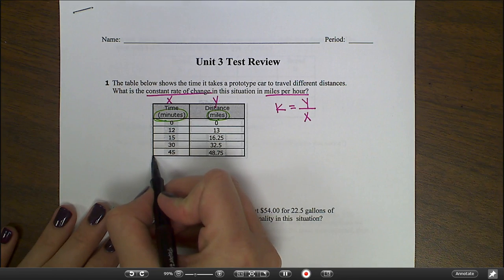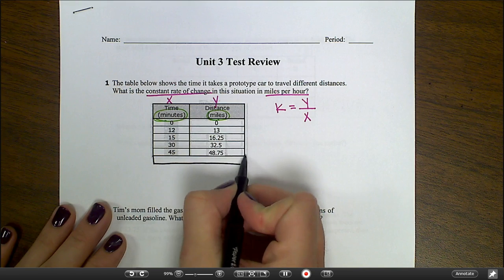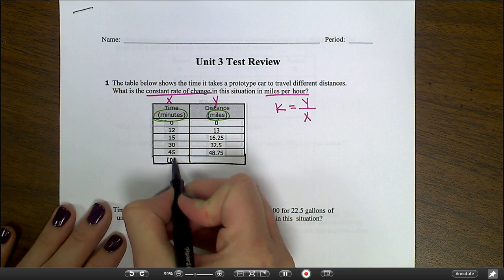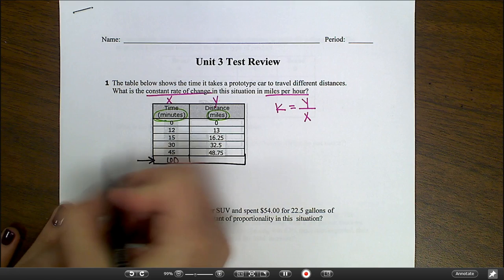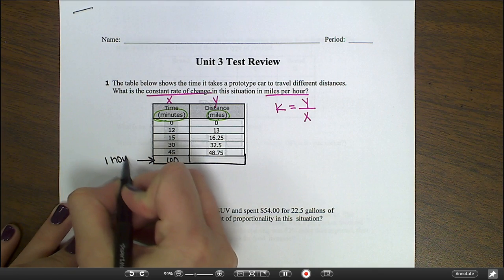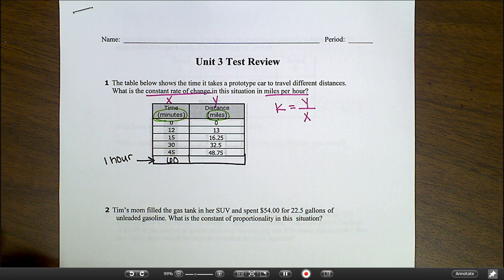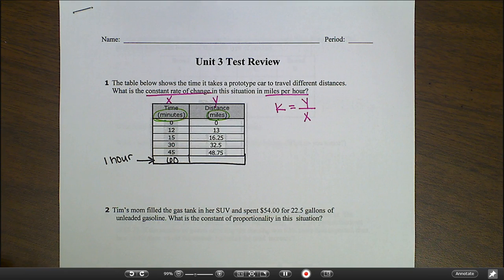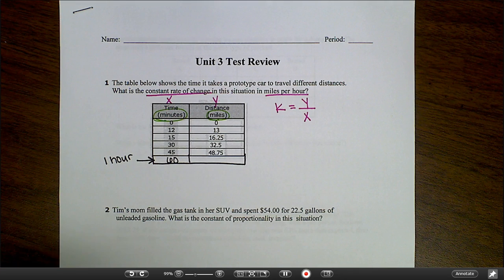There's 60 minutes in an hour. So I'm going to put another row down here, and I'm going to put 60 minutes because this is 1 hour. And so what we need to figure out is, how many miles would I be able to go in 60 minutes, or 1 hour?